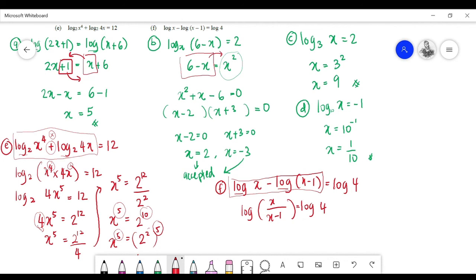Okay, so now we have the same log on the left hand side and also the right hand side, then it can be equated. So write down the argument only. So x over x minus 1 equal to 4. So now bring this x minus 1 to the right hand side. Because this one is in division, when we move it to the right hand side, it will be multiplication.